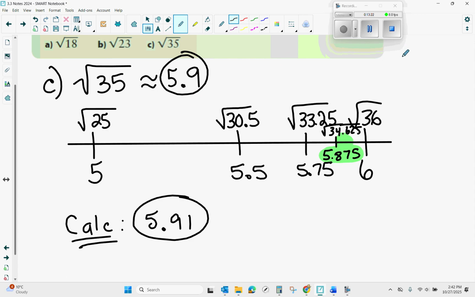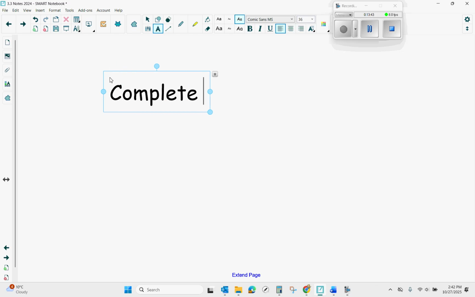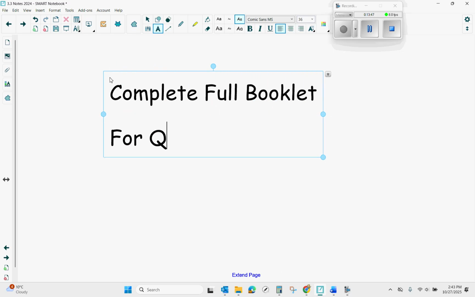You're going to try the booklet that we hand out in a moment. I just want to mention that you're going to complete the full booklet. For question number 4, please draw number lines.